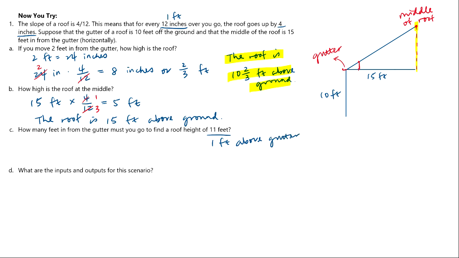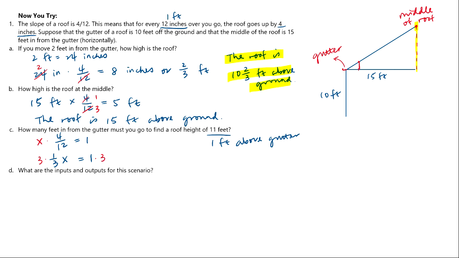And that means when we're looking for that particular distance, let's call it x, for whatever distance we need to go, we always multiply this by 4 over 12, which was the slope we had. You could reduce this to 1/3 if you recognize that they are equivalent. And this should be equal to 1 foot. To calculate it, we get 1/3 x is equal to 1, so we can multiply 3 on both sides.